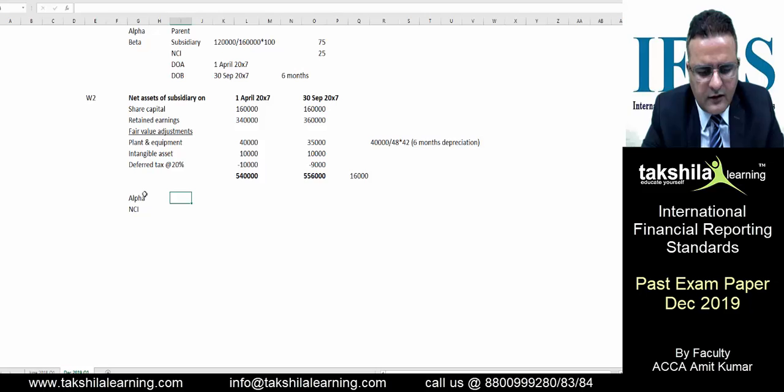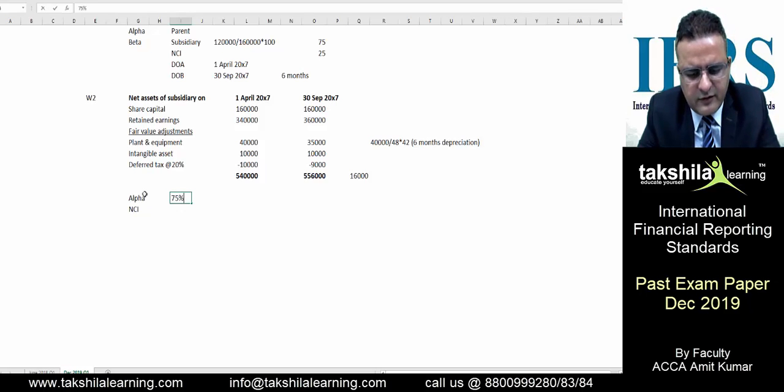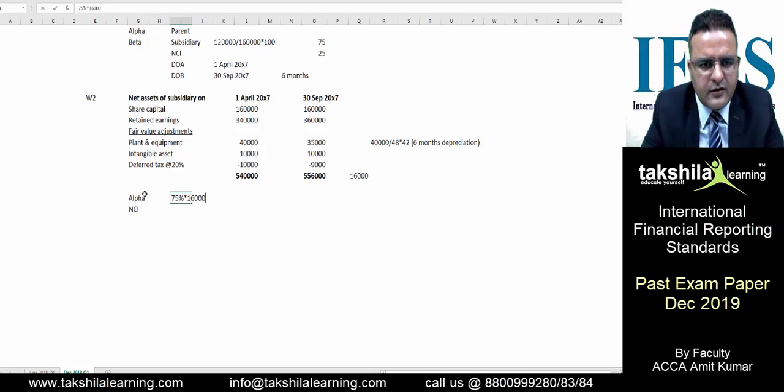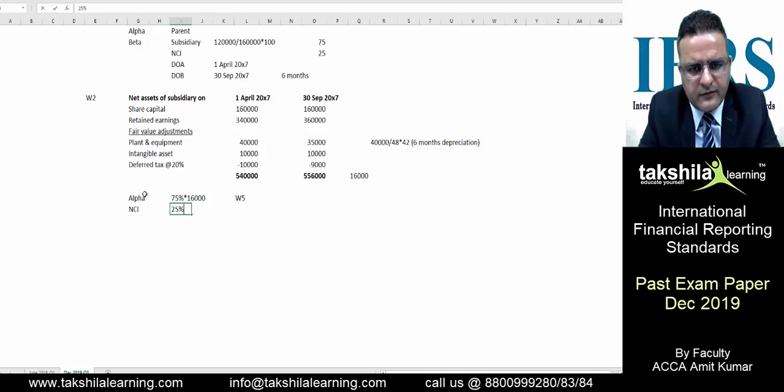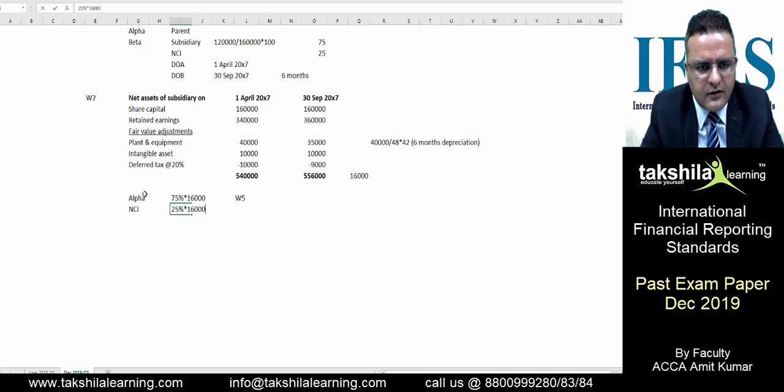Alpha has a share of 75%, 75% of 16,000 belongs to Alpha, which will be presented as part of working note number 5. 25% of it belongs to NCI, which will be presented as part of working note number 4.